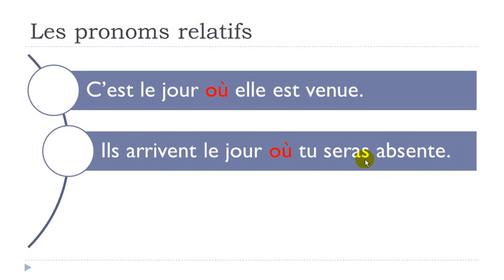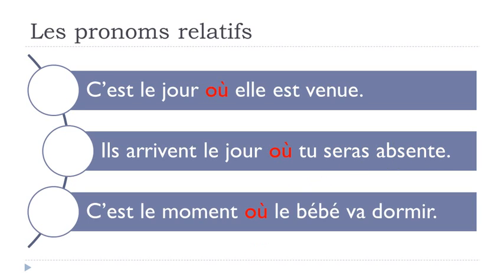Sera, remember, it's the verb être, to be, but it's the future form. Tu seras absente, you won't be here. C'est le moment où le bébé va dormir. Le moment, the time, où le bébé, the baby, va dormir, is going to sleep. C'est le moment où le bébé va dormir.